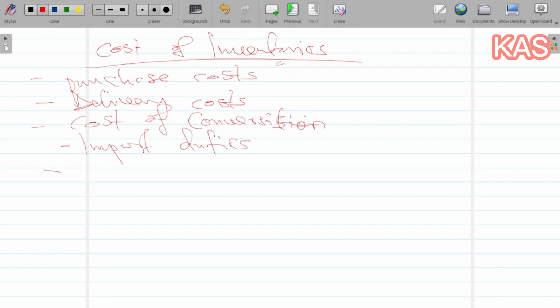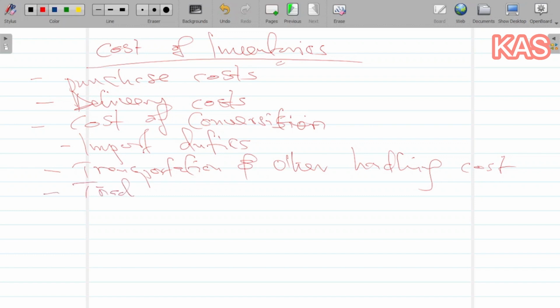We have transportation and other handling costs. Then we have trade discounts. But this trade discount, you are going to deduct it from the cost of inventory.